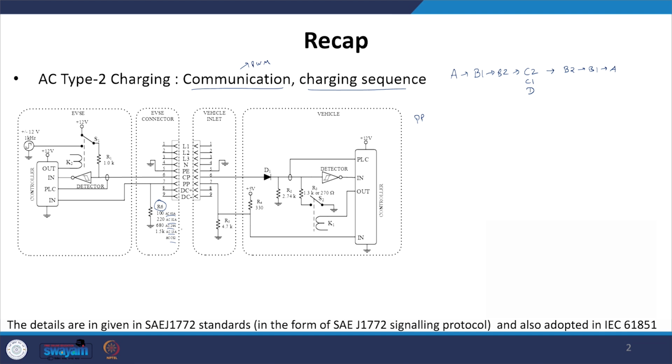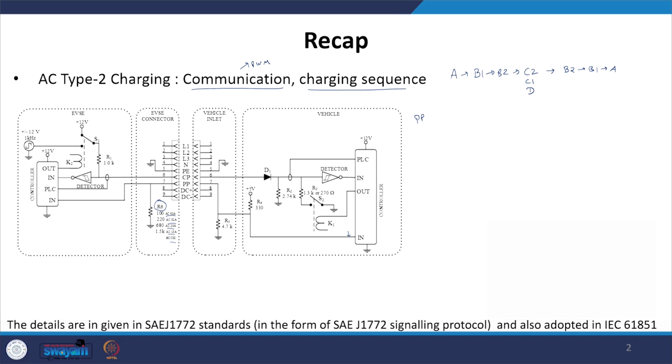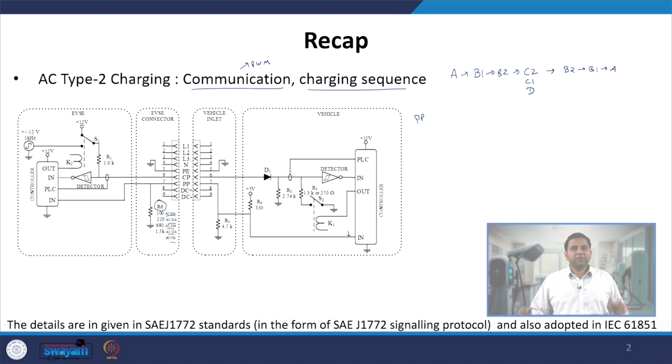Because of this resistance value, the voltage at the PP pin, which goes into the vehicle controller with respect to PE, will be different, and depending upon the value of that voltage, the vehicle is able to recognize that this particular connector can sustain this much amount of current. That is the way the vehicle understands.